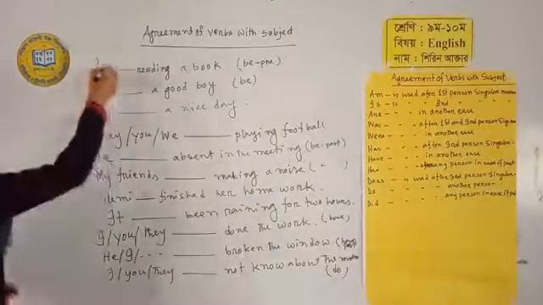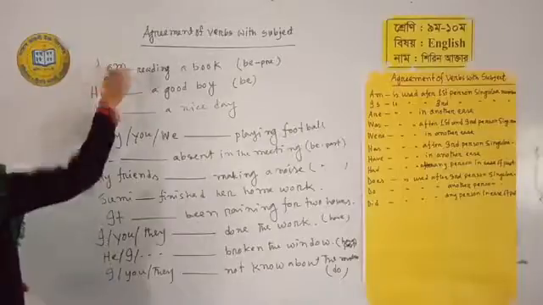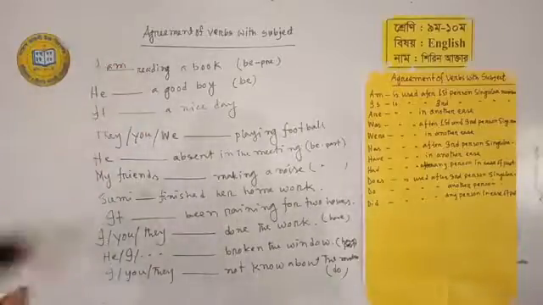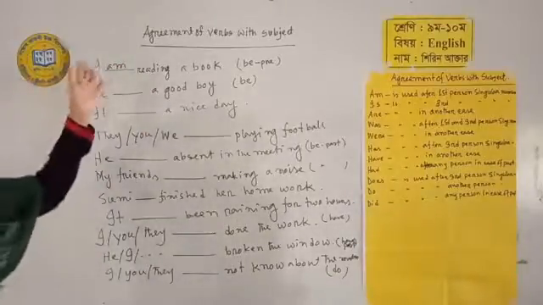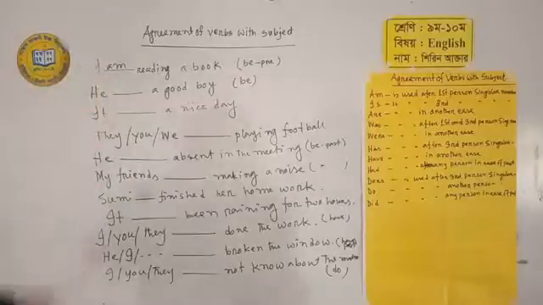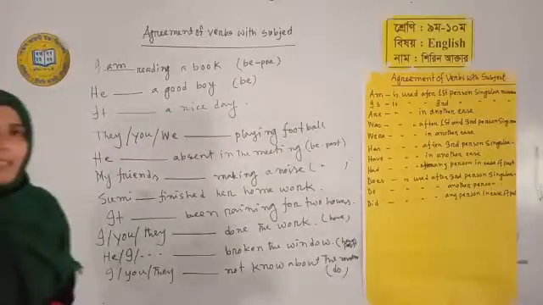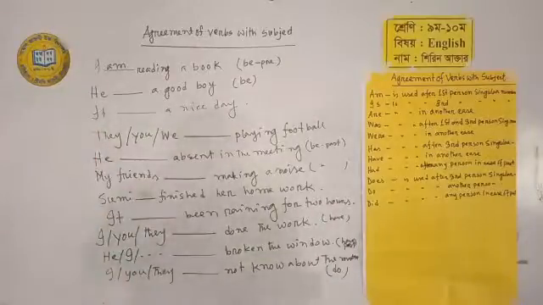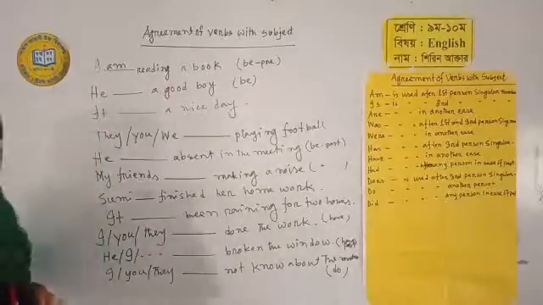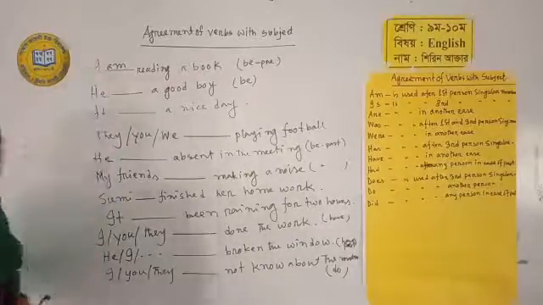I am. After I, if I use is or are or were, etc., that will not be correct. That will be wrong. So I have to use here am after I.